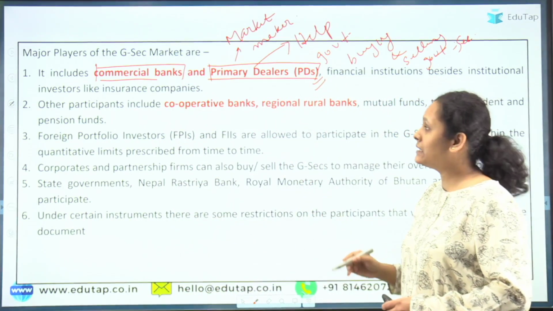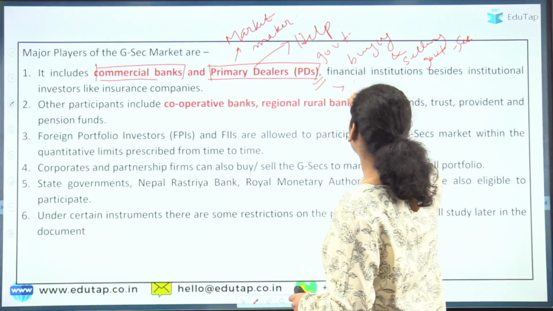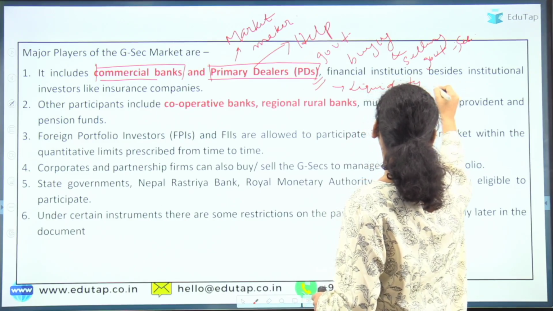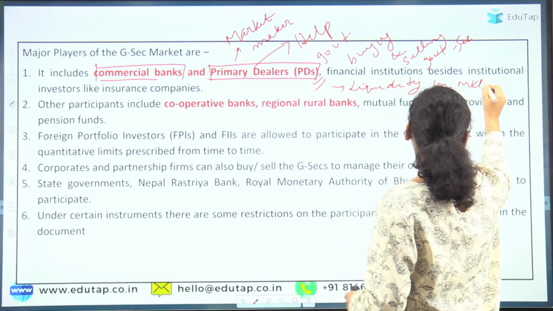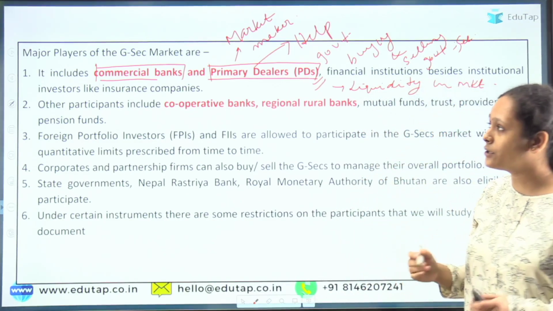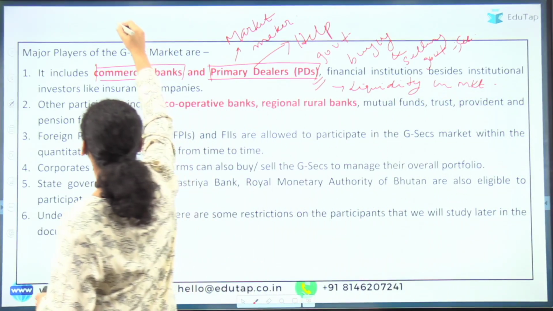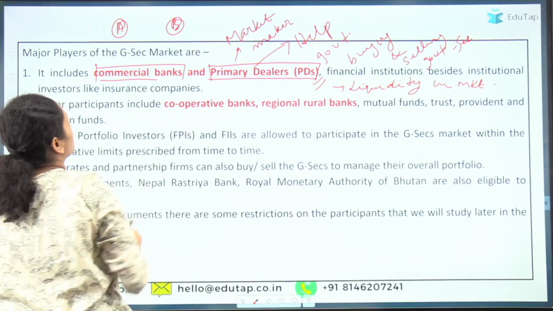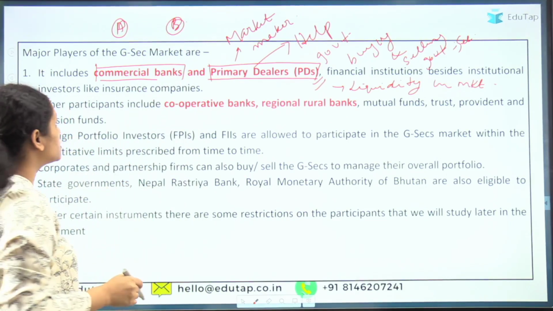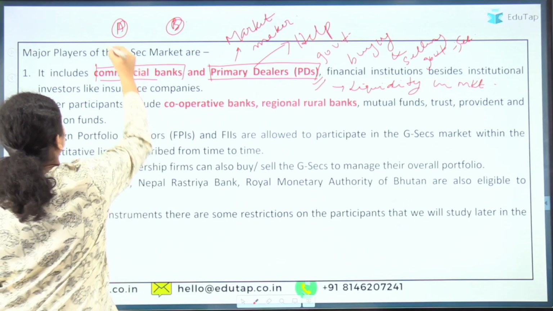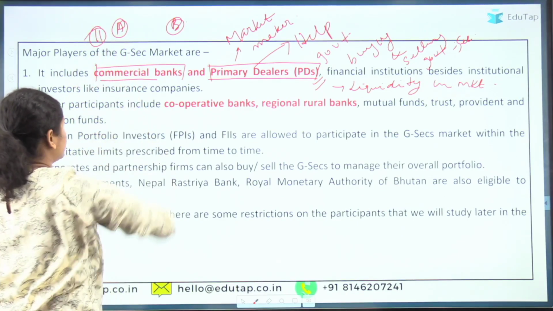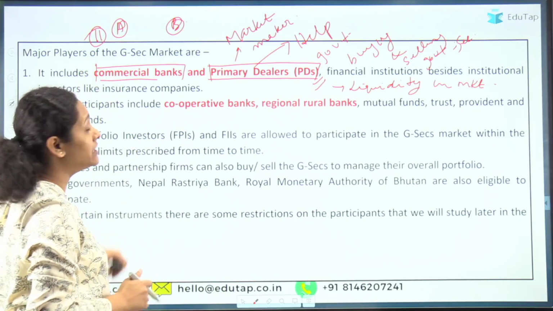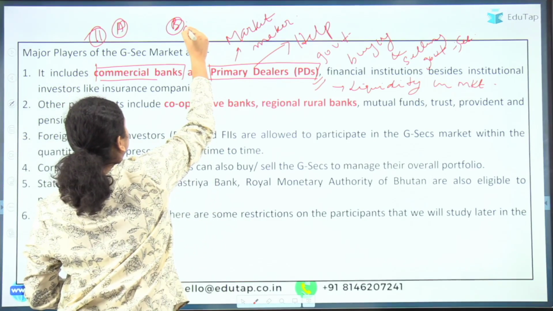These people help to create liquidity in the market. See, let's say there are two people, A and B. Person A wants to sell a share for ₹11, but person B is not ready to buy the share at ₹11. He wants to buy the share at ₹9.